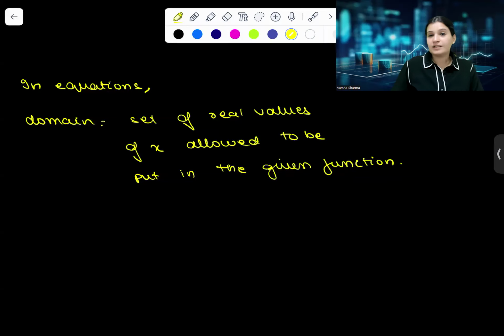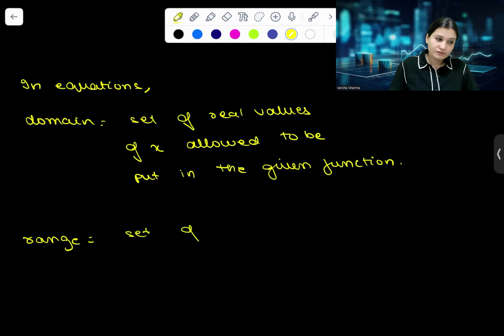The range will be the set of real values of y or f(x). y and f(x) are the same thing.